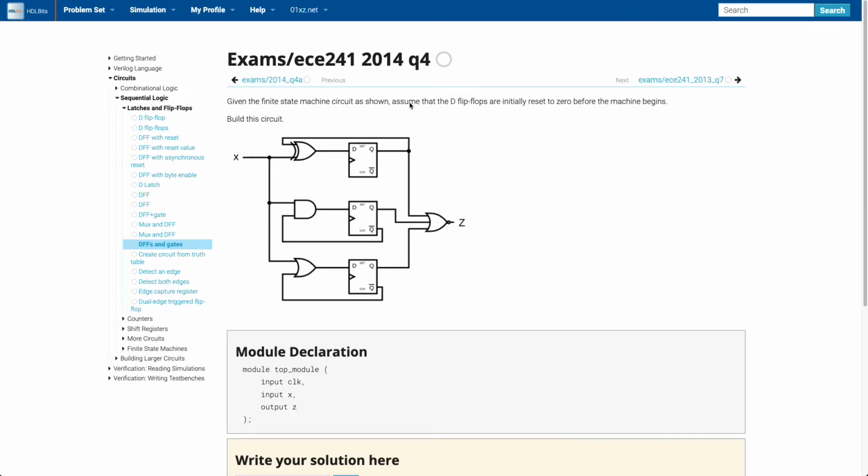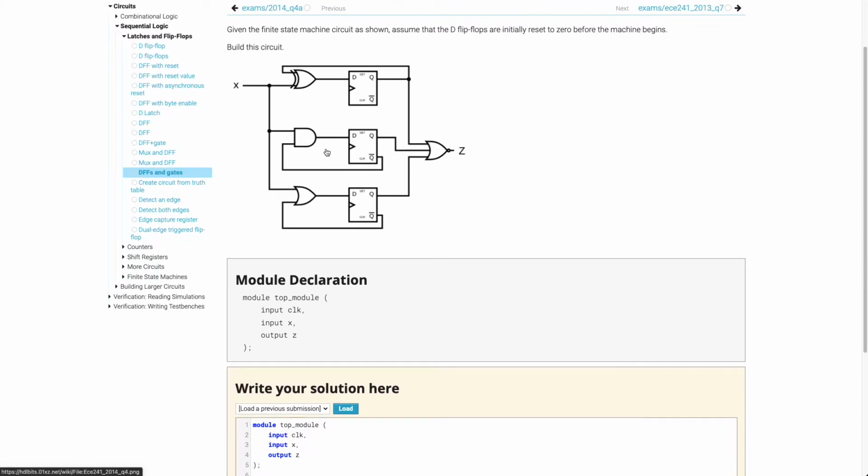Given the FSM circuit, build the circuit. The D, okay.